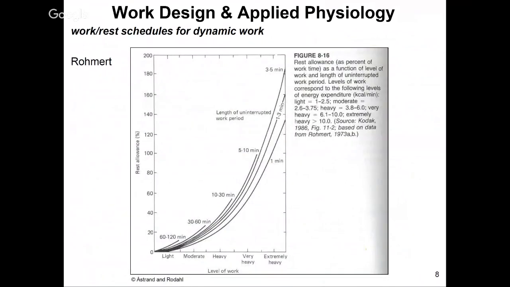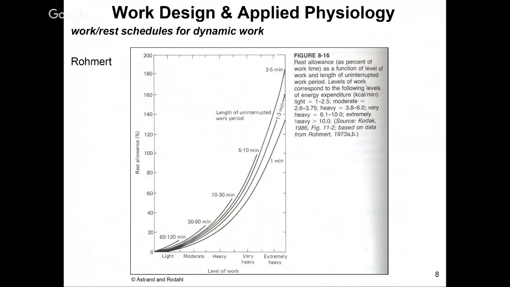Rohmert has an important figure for work rest schedules that we may use later on. You can see here that depending on the type of work that's being done, if you look at the x-axis, you have light, moderate, heavy, very heavy, and extremely heavy. On the y-axis, you have the rest allowance, so anywhere from 0 up to 200%.